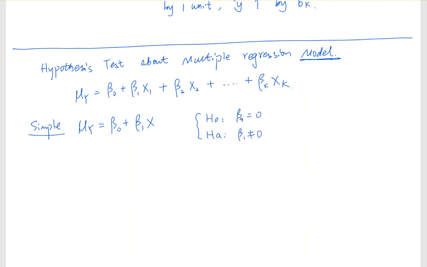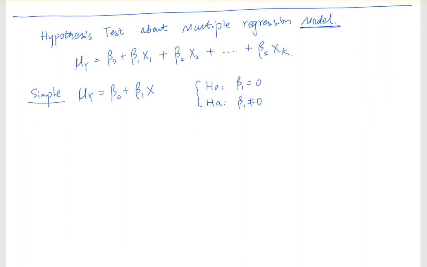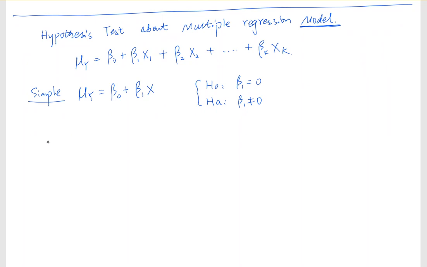So we say if beta 1 equals 0, then this term will be gone, then there's no relationship between x and y, right? Okay, so now I want to first test about the overall significance of the regression.